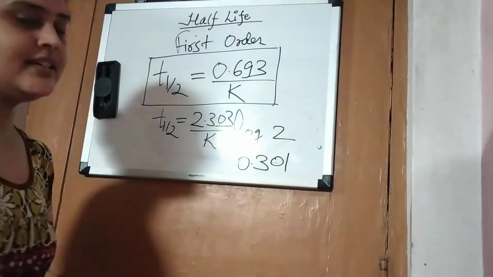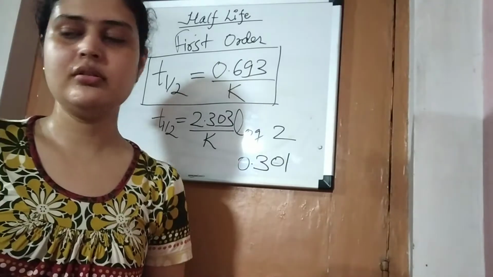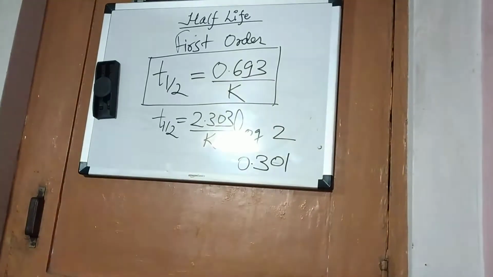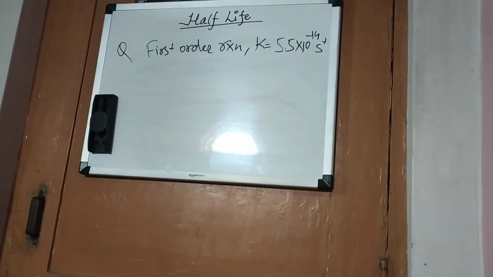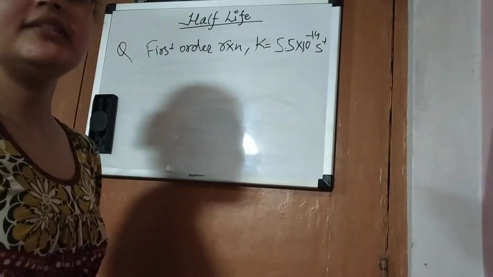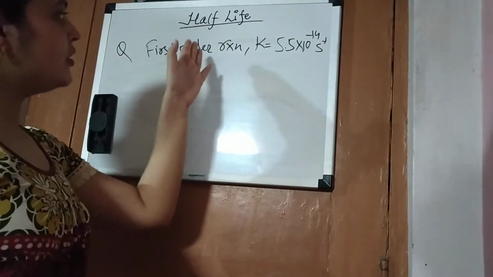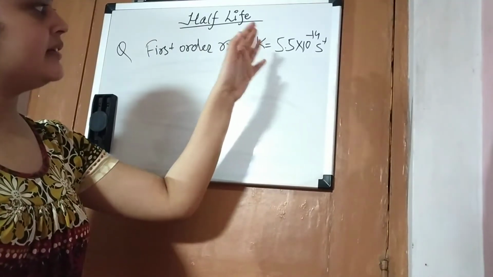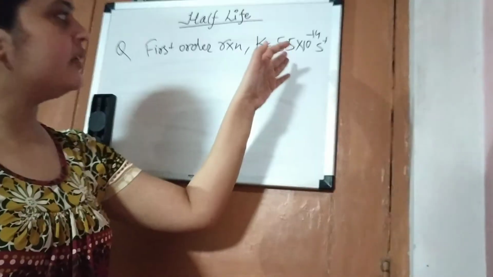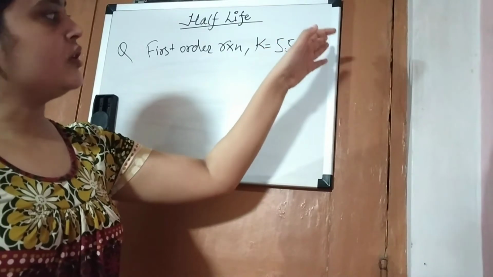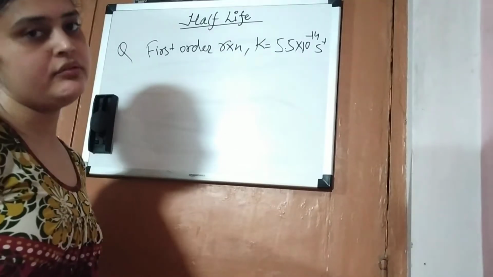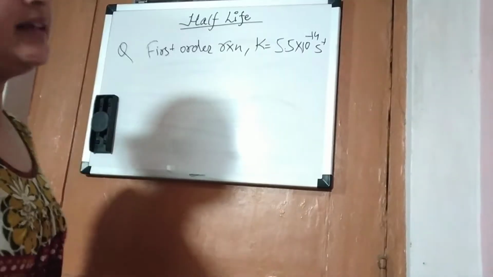So now we will discuss some questions on this topic. First question is that for first order reaction, the K value, that is rate constant value, is 5.5 into 10 raised to minus 14 per second. And you have to calculate the T half, that is half-life.